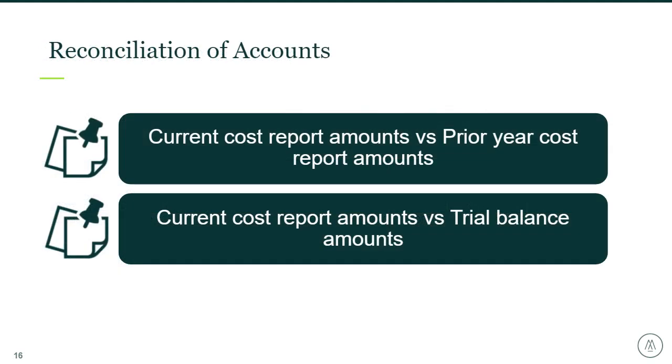So now, as if individual reconciliation of patient accounts wasn't enough, let's move to the reconciliation of the bigger picture items. Although these items are not a part of the initial request, every MAC reviews the year-over-year changes from the prior cost report to the current.